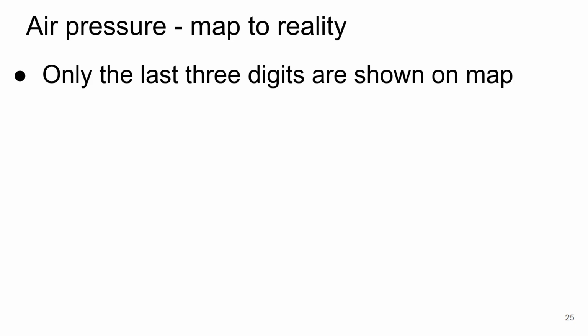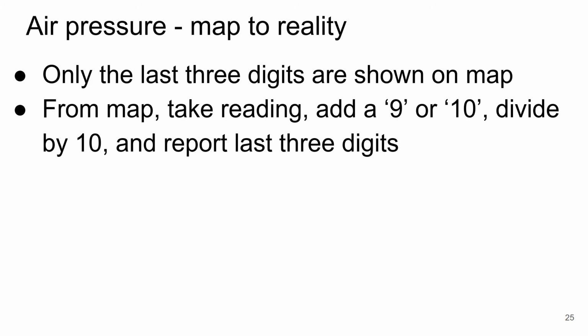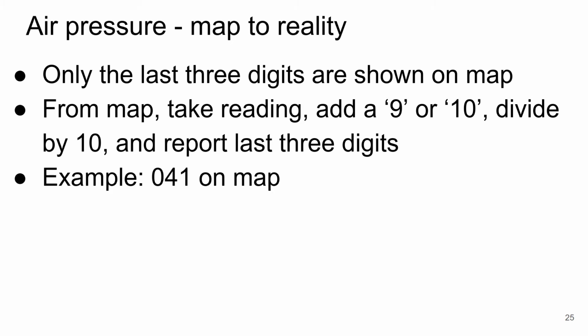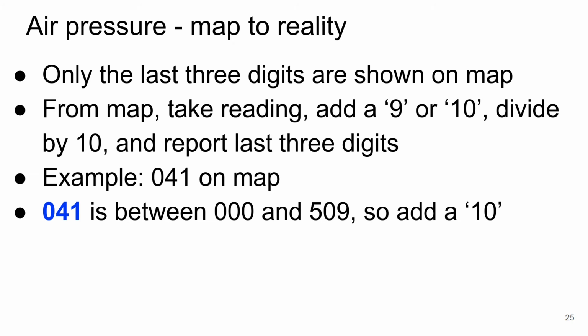So going from the map to reality, the last 3 digits are shown on the map. From the map, you're going to take the reading, the last 3 digits, add either a 9 or a 10 to the front, divide by 10, and report the result. So here's the way that would work. For example, on the map, we have a reading of 041. 041 is between 000 and 509, so you're going to add a 10.